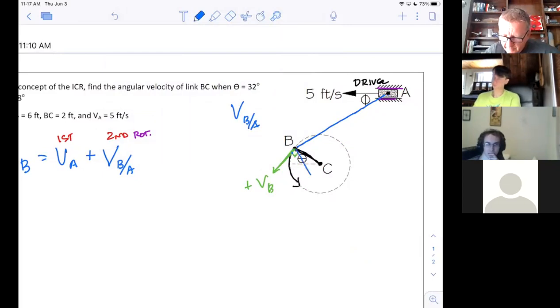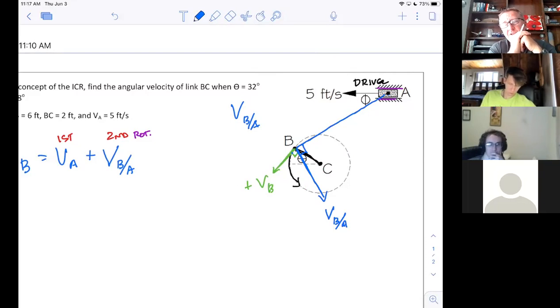In other words, I got to take off like that. Perpendicular. That is the location for B as it rotates around A. So notice, in a sense, I haven't drawn anything as having moved yet. But it's the combination of those two velocities, the green velocity and the blue velocity, that's actually going to result. I should say the A velocity moving to the right. Up here is the velocity of A.